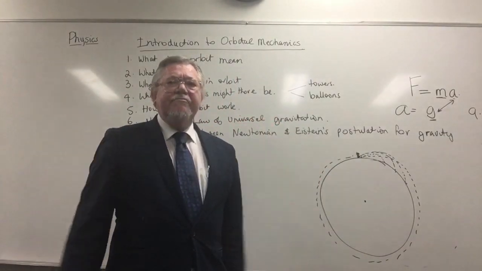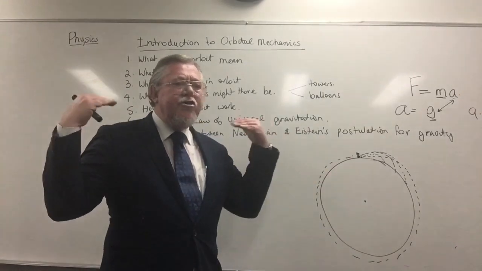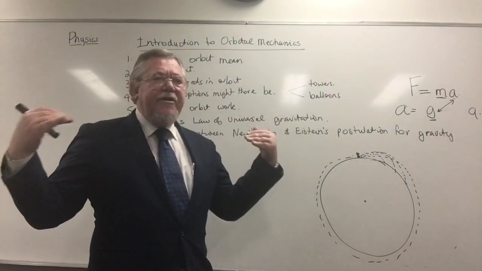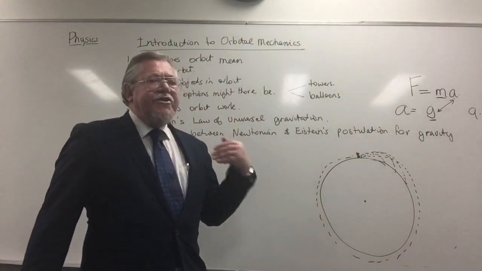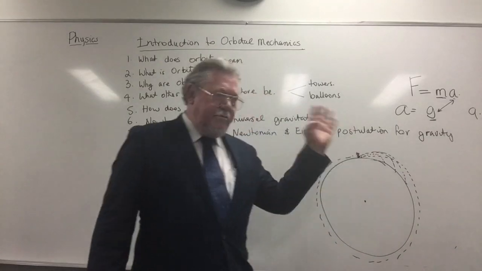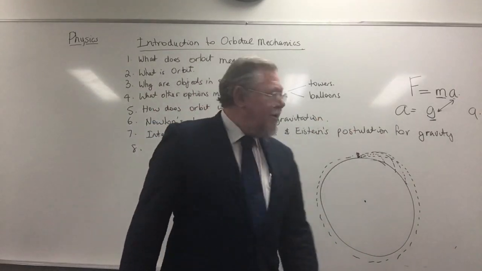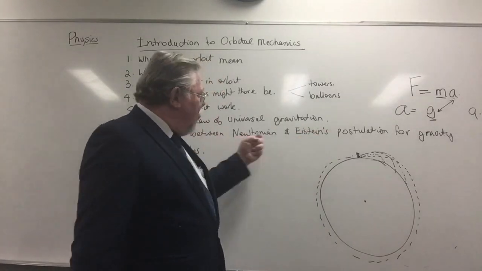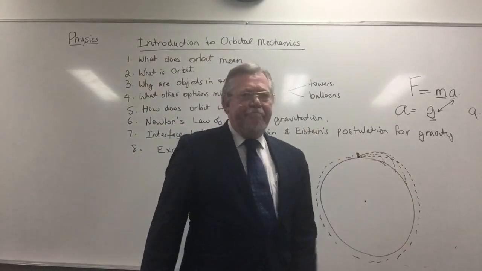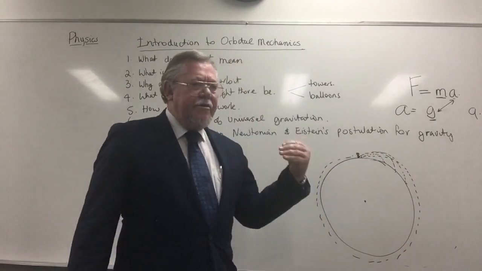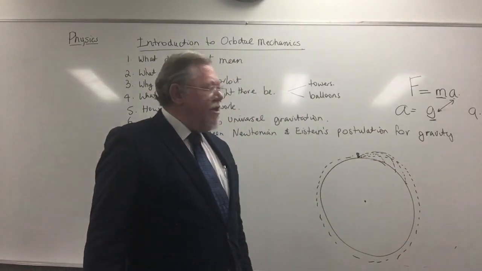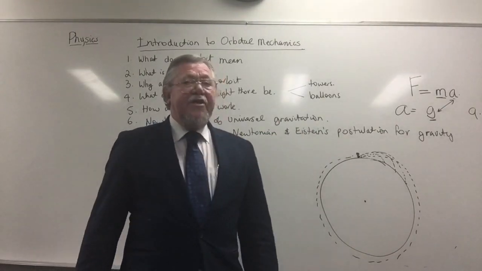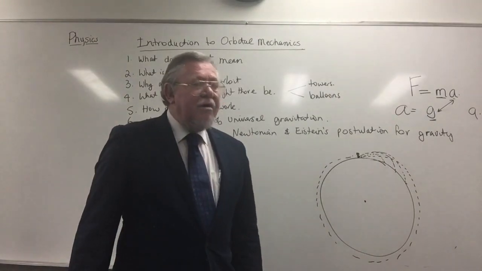I couldn't do the work that I do as a physicist, except for the fact that I stand on the shoulders of people like Isaac Newton. So what happened here? Newton really had no idea, and Einstein, in his postulations, worked out how gravity works.